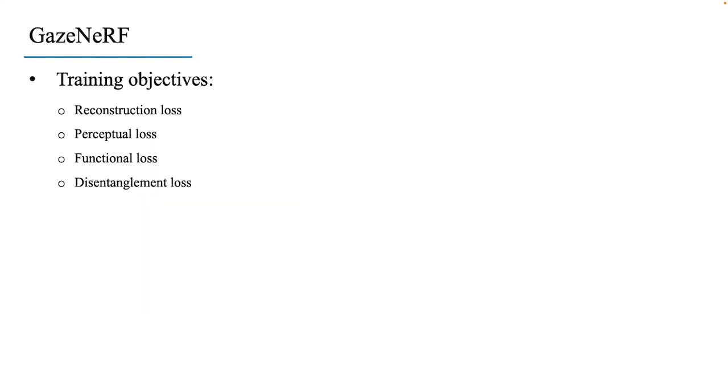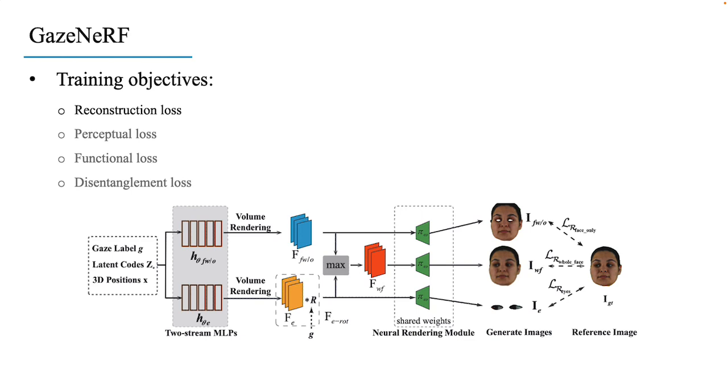To train GazeNeRF, we employ four different losses. We first employ the reconstruction loss, which is the L1 distance between generated face image and the reference image. To guarantee we apply the rotation matrix only to eye features, we also penalize the reconstruction loss between the generated images from two streams and the masked reference image.